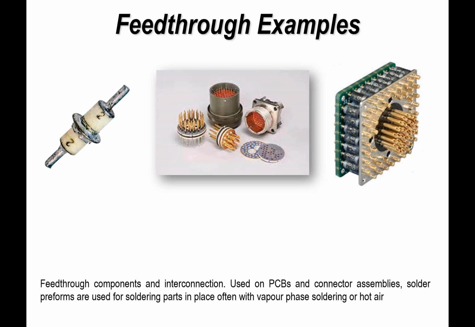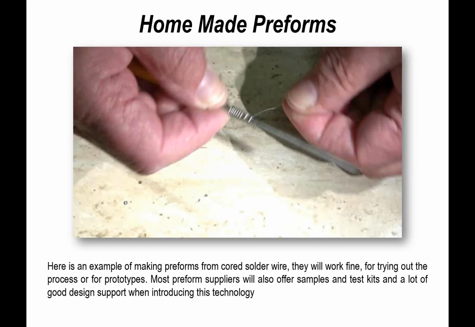So we could control the volume of solder, we could reflow it with hot gas, or we could reflow it in vapor phase successfully and get consistent yield and performance. Again, it was a manual process, manual separation of parts and loading to the PCB prior to the assembly process. But nevertheless, if it was designed correctly, it would work very effectively.